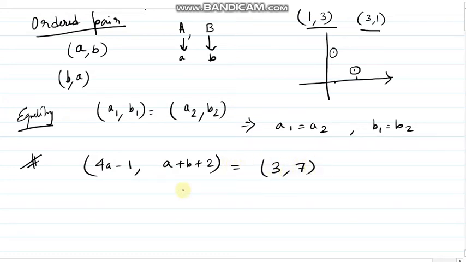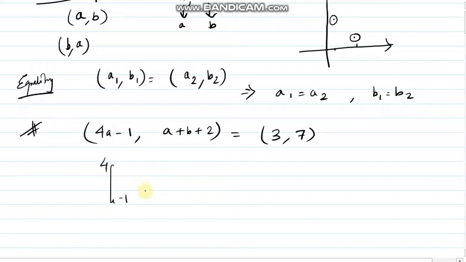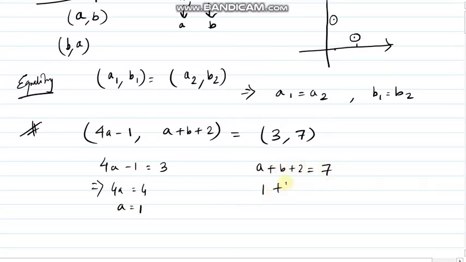So if these two ordered pairs are equal, we can write that 4a minus 1 is equal to 3, so from there 4a equals 4, so a equals 1. Again we can write a plus b plus 2 equals 7, as a equals 1, so b plus 3 equals 7, hence b equals 4. So these are the values of a and b.